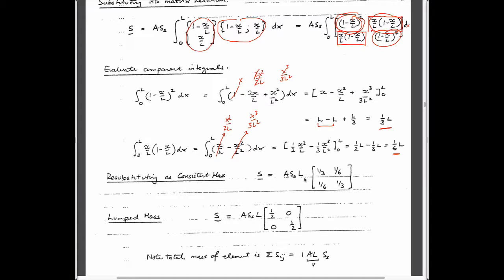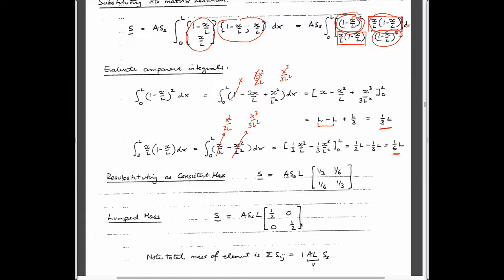And so if we write out the form of this, we have the cross-sectional area, the constant, the specific storage of the element, and we have the length here. And so it's at least instructive to write it out in this way.